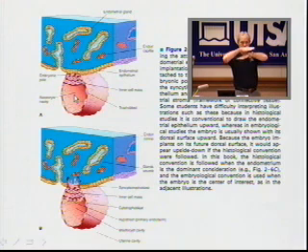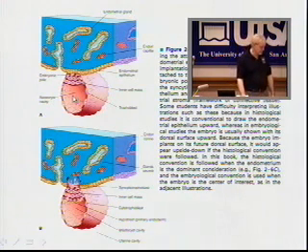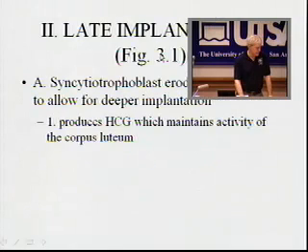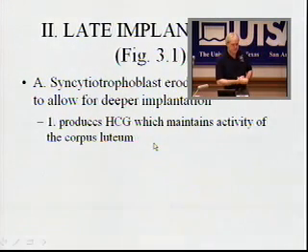So they'll just start to form 2 layers, roughly 2 layers. And this will continue to develop as the syncytiotrophoblast cells infiltrate the endometrial lining. So we'll see more of that at higher magnification as we proceed.